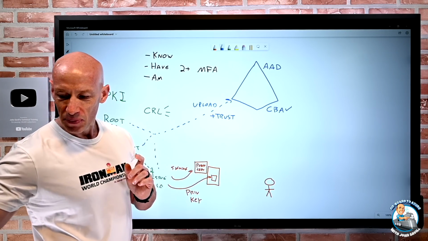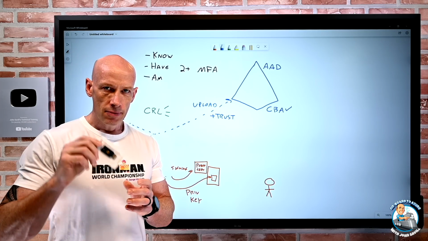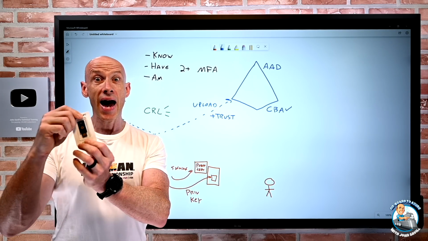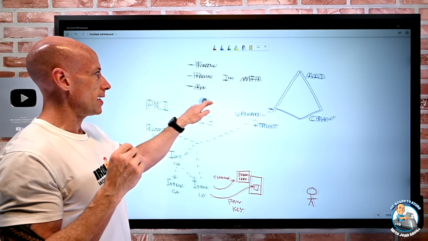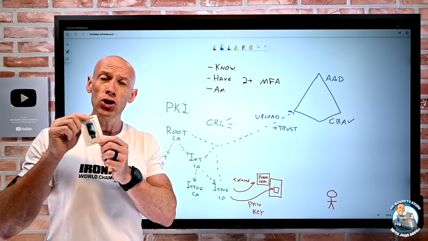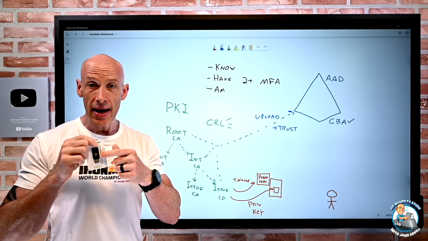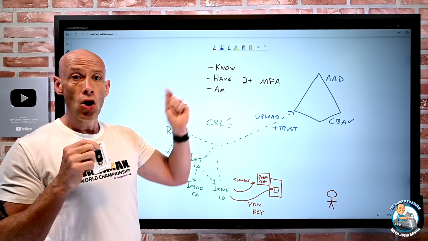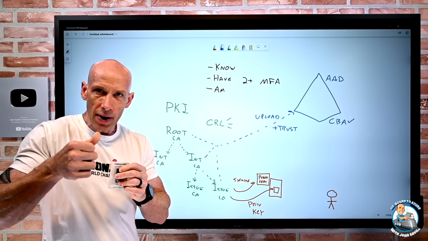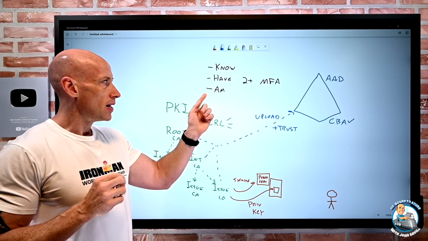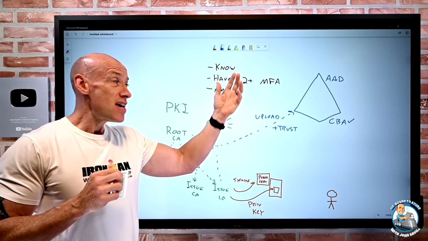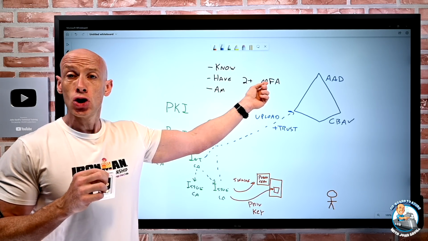Because remember, I've got the key, so that's one factor, I have. But to use it, I have to unlock it. This could be with a PIN, something I know, or some of them are biometric, I put my thumbprint on it, something I am. So it's something I have and either know or am, so it is two factors.